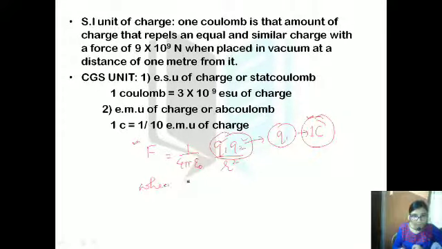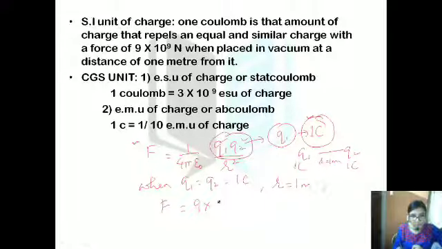When Q1 is equal to Q2 is equal to 1 coulomb, we are taking the point charges to be 1 coulomb each. Suppose the distance between them is 1 meter, R is 1 meter. What will be the force acting between them? Force will be 1 by 4 pi epsilon naught, which is 9 into 10 to the power 9, times Q1 into Q2 which is 1 into 1, by R square which is 1 square because it is 1 meter.